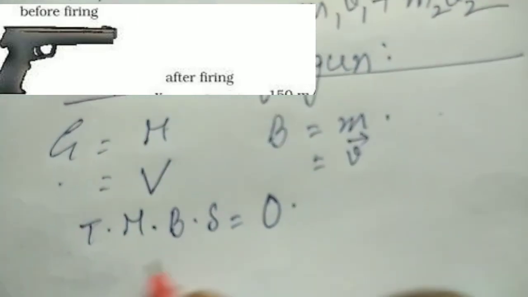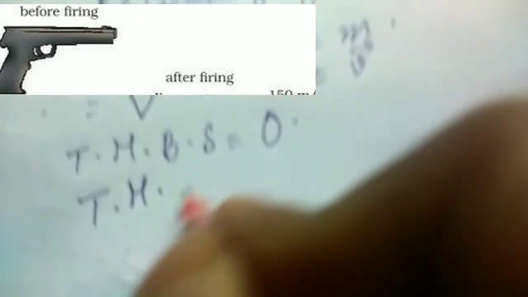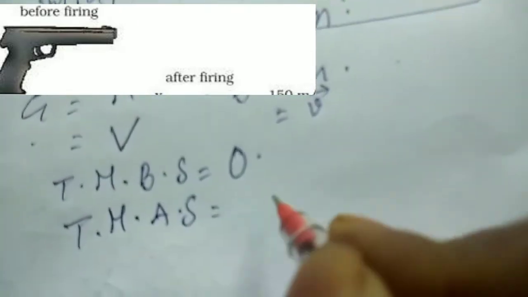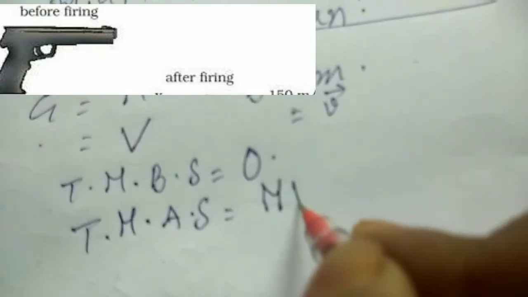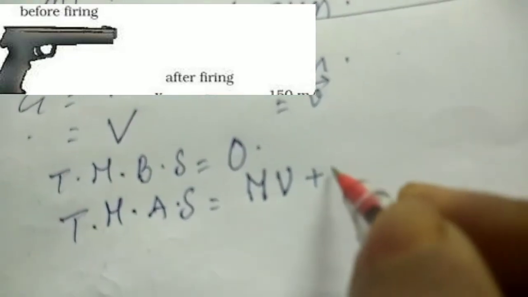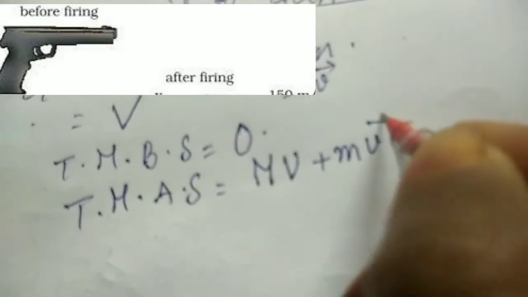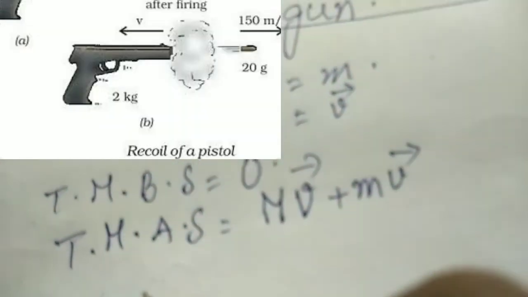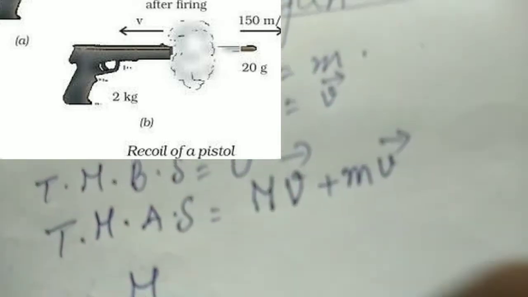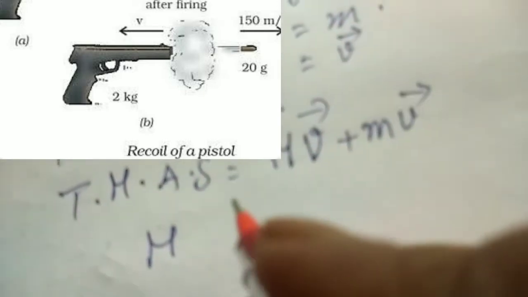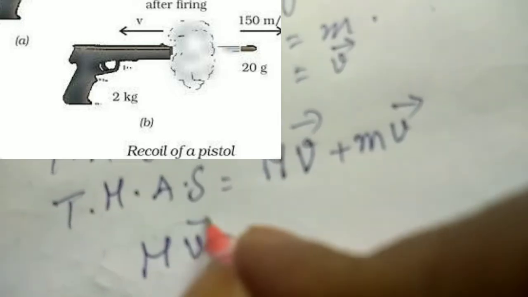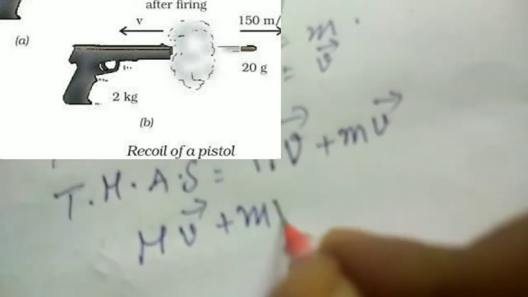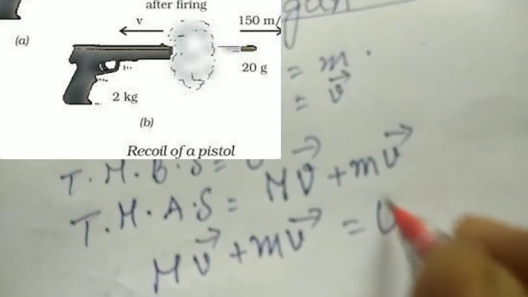Now after shooting, total momentum after shooting is equal to MV plus mv. Now this is equal to 0.